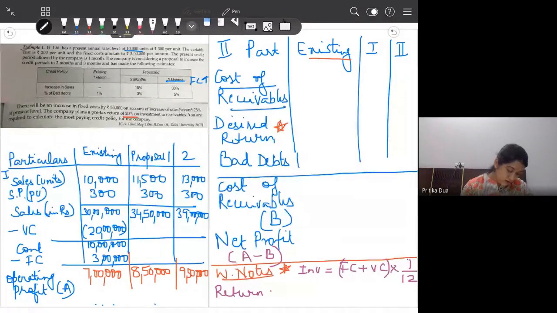23 lakh is the total of fixed cost and variable cost.